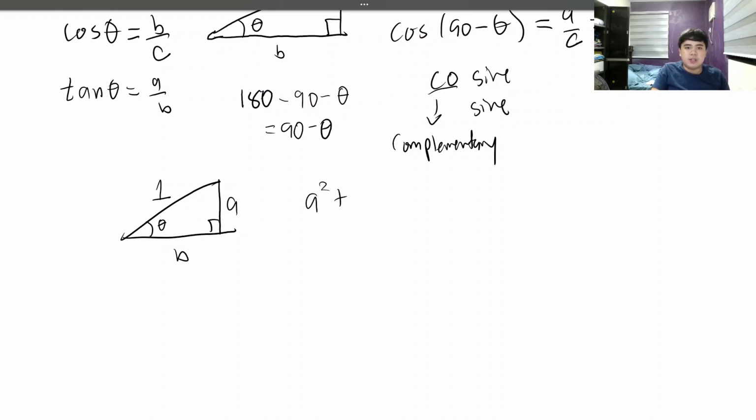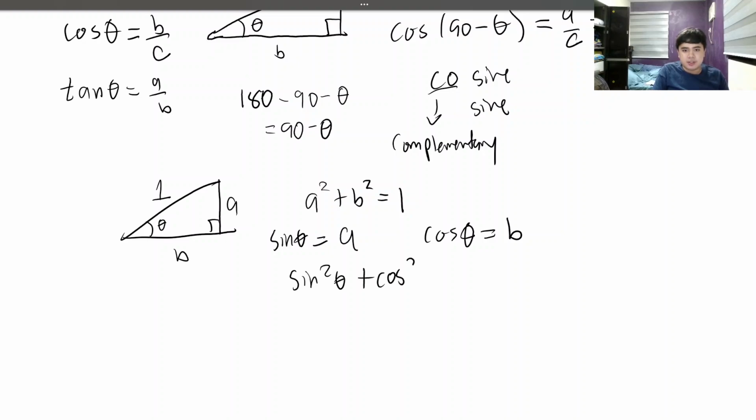This means A squared plus B squared is equal to 1, right? According to the Pythagorean theorem. Now, what is sine theta? Sine theta is A over 1, which is just A. Cosine theta is B over 1 or just B. And we can substitute A and B here. We get sine squared theta plus cosine squared theta equals 1.